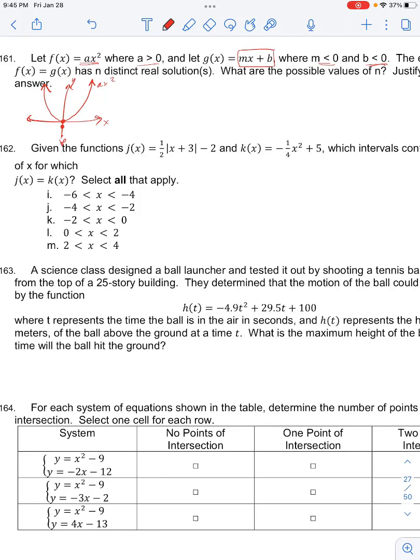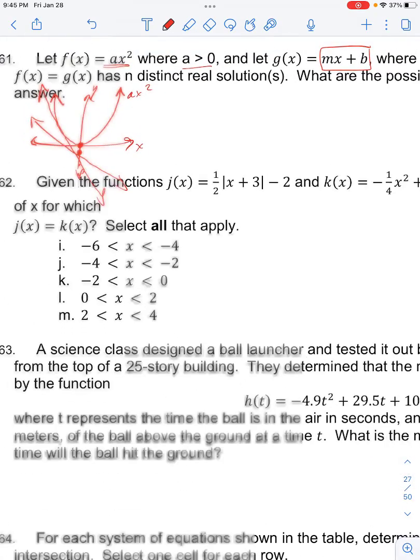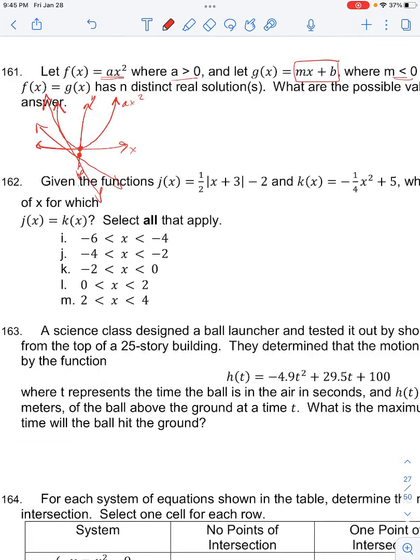And my slope is negative. So my slope could be like this. My slope could be maybe a little steeper. Maybe it can be tangent to my quadratic equation, or it might actually go through 2 points.